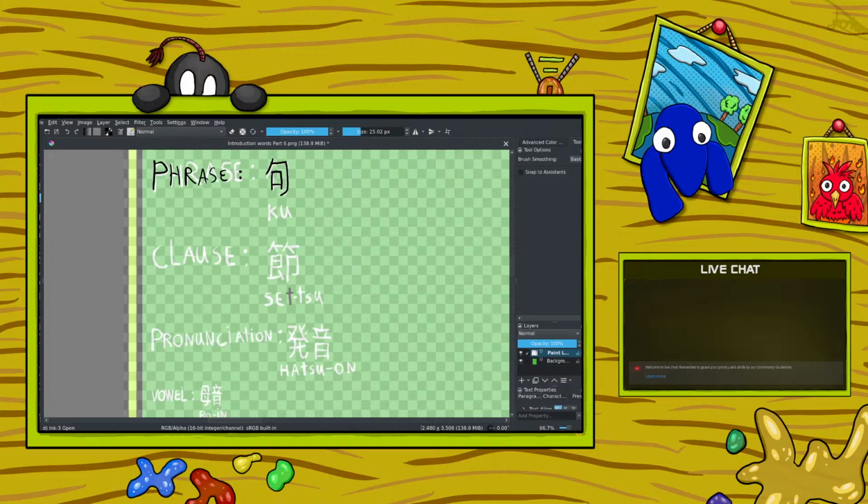Then we have a clause, which is then the setsu. Yes, setsu. Yeah, that's the one. Setsu, because you need to speak that out double.